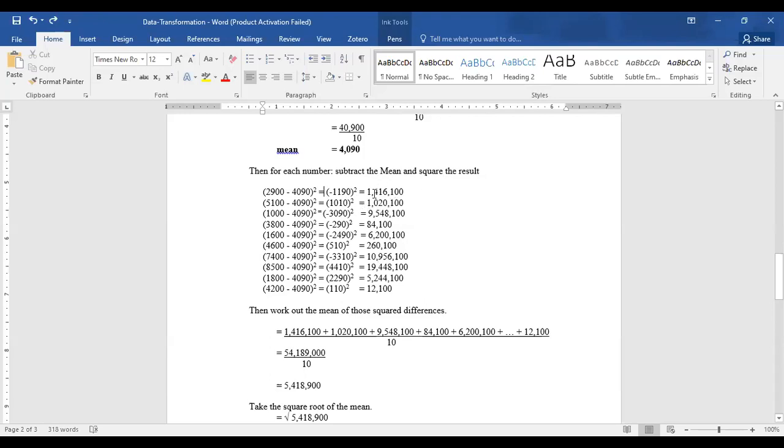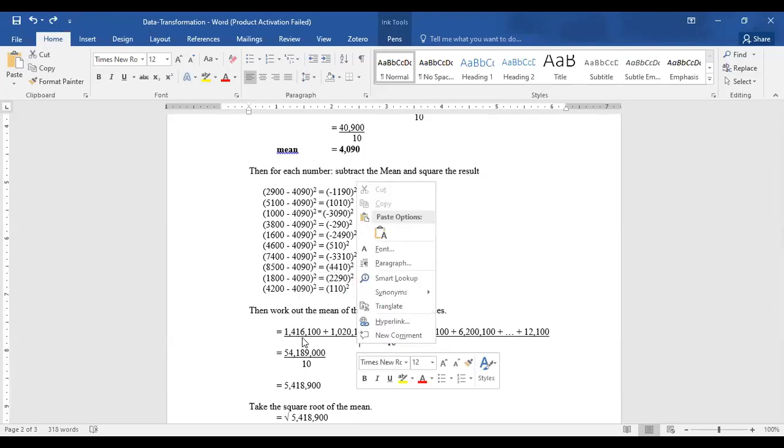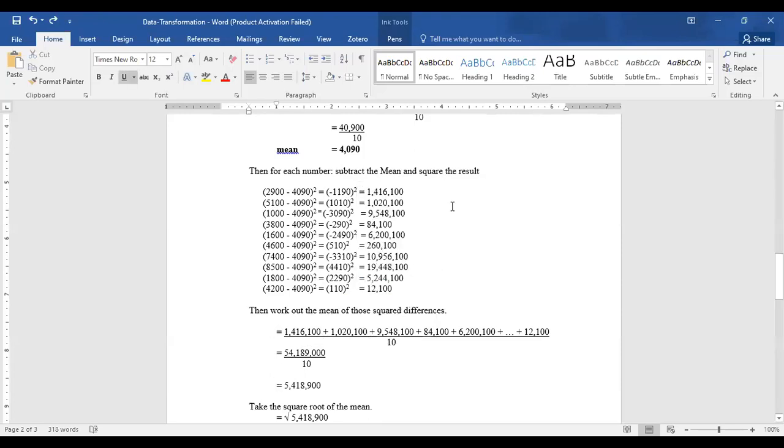So we have here four other numbers. So our first value, we have 1,416,100.